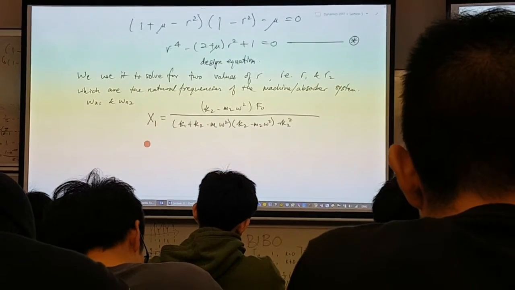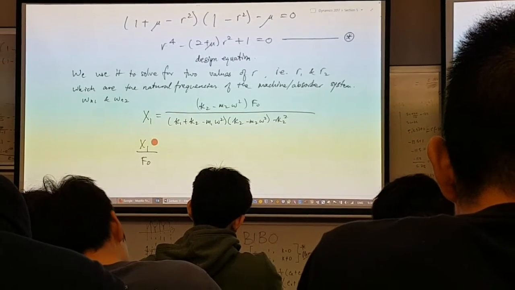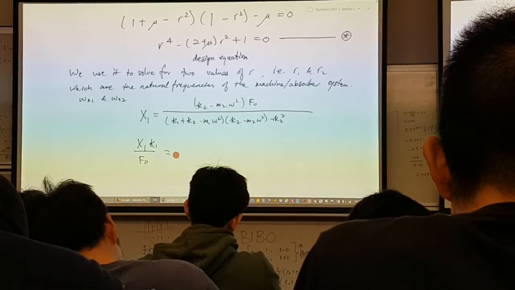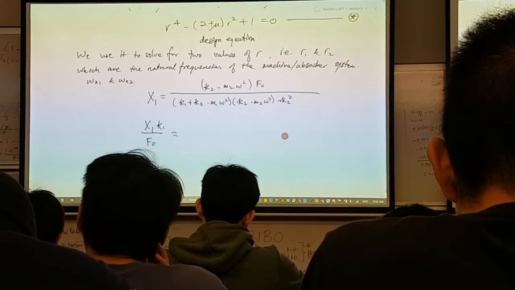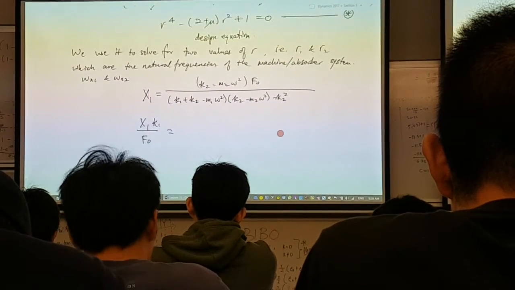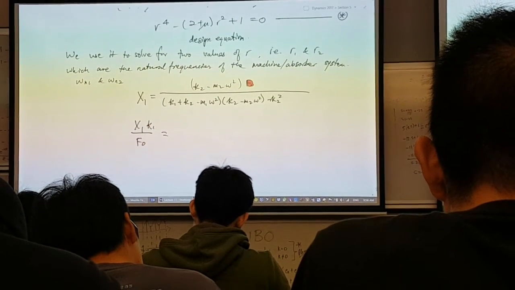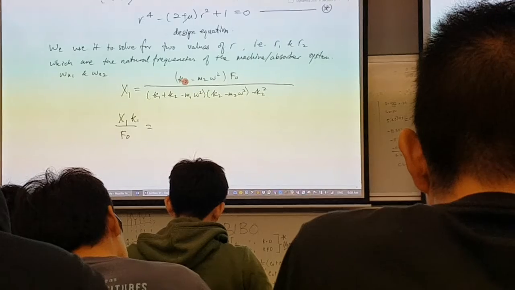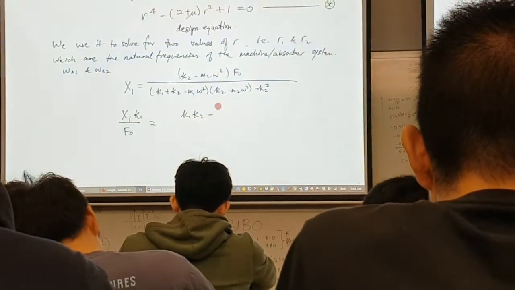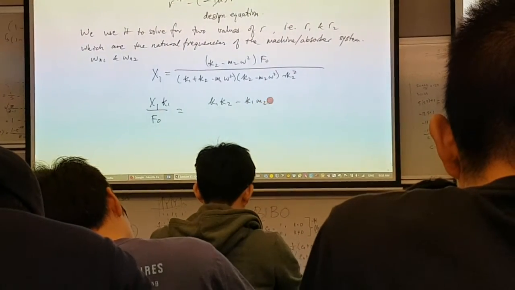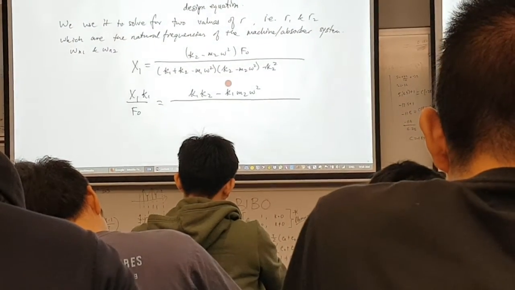So what I want to do is to express x1 divided by f naught multiplied by K1. Later on, I'll tell you why I have it arranged in this special way. So if I have this multiplied by this factor K1 over F0, this F0 will be gone. And then this K2 here will become K1 K2, and minus K1 m2 omega squared, and divide by that determinant.